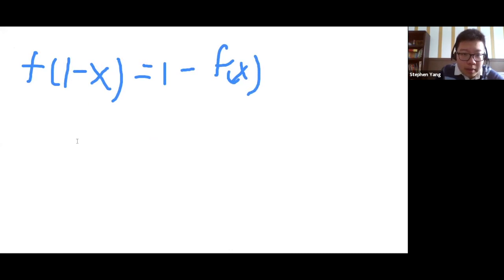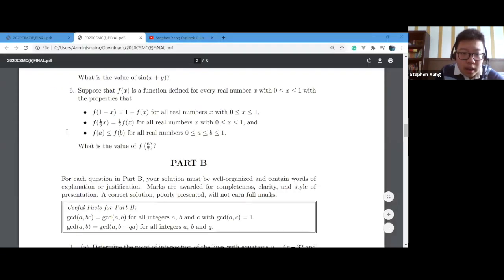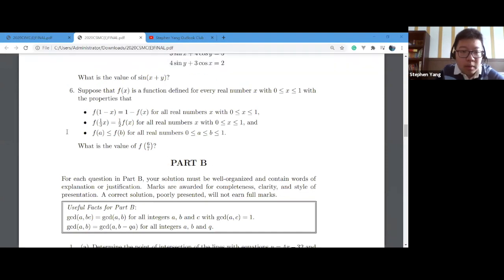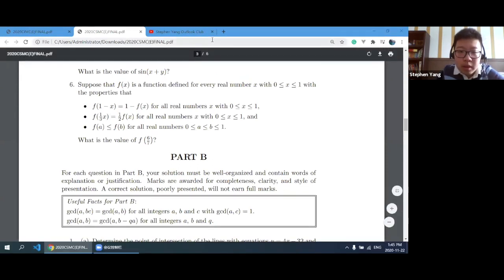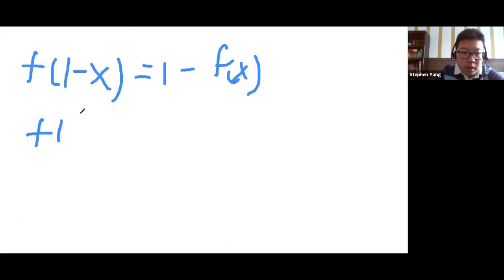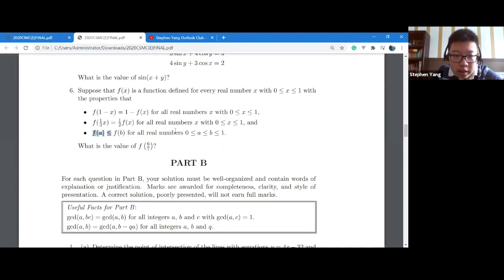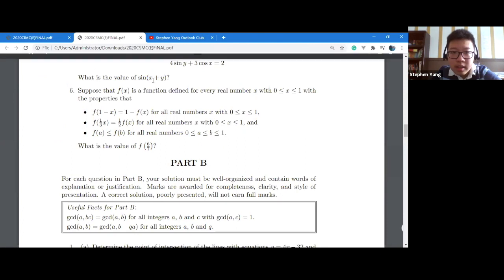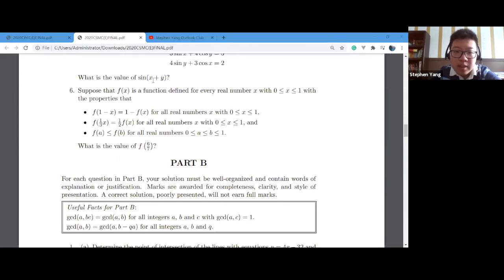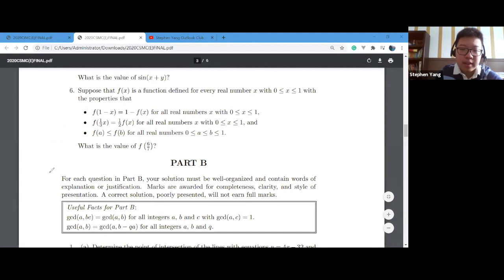And f of x over 3 is equal to 1/2 times f of x. And the third rule would be f is strictly increasing. So I would just leave it there.